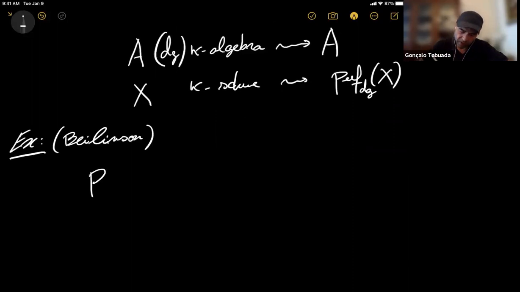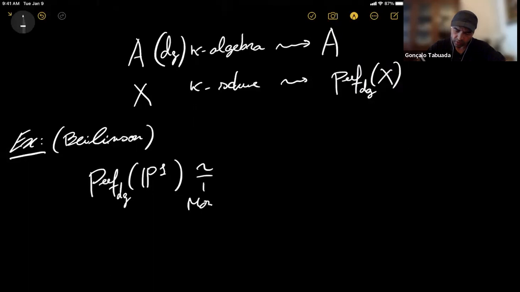When you look at the perfect complexes on the projective line, this category is very far from being the category of modules over an algebra. But as soon as you go to the derived setting and consider this DG enhancement, it turns out to be Morita equivalent to an algebra, but a non-commutative one.